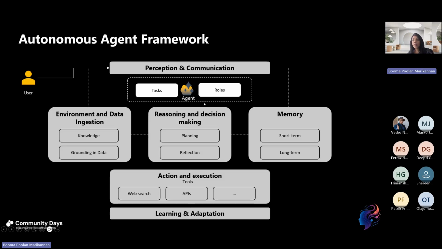And then where the agent starts playing its role is the second step. After gathering the information, the agent tries to understand the basic question, and then it will decide what to do next, whom to pass the question or the action to.